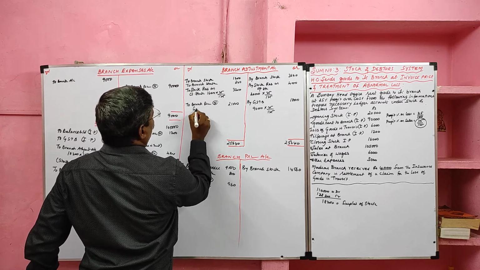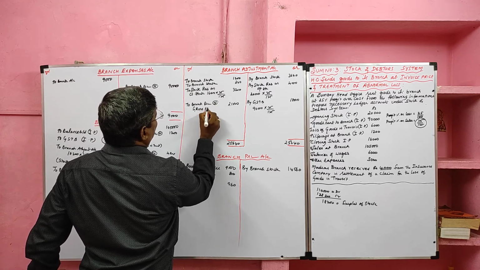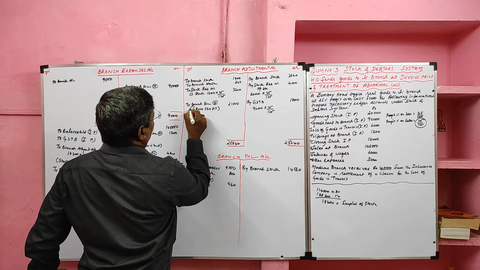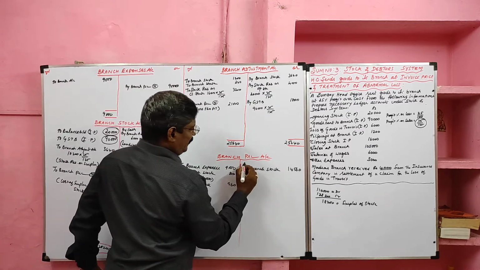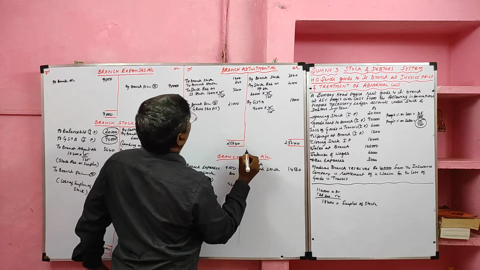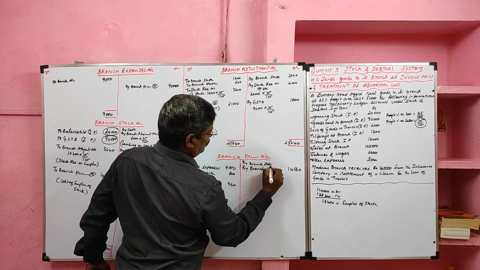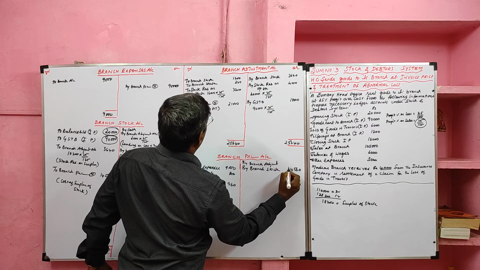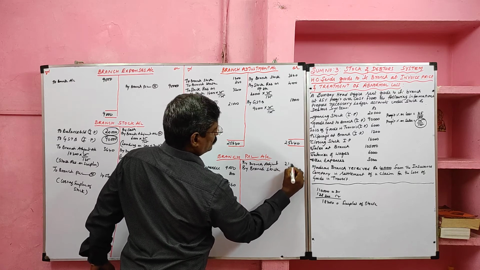It is considered as gross profit. So it will be transferred to the credit side of the branch profit and loss account as by branch adjustment account, value 21,000.